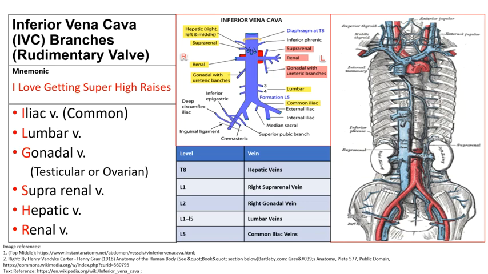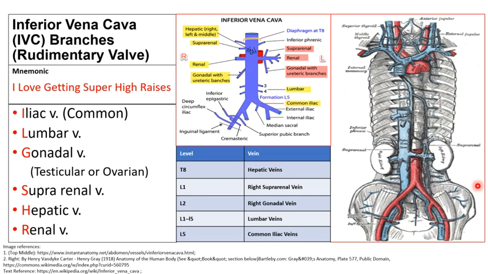It is formed by the joining of the right and the left common iliac veins, and usually this happens at the L5 level.